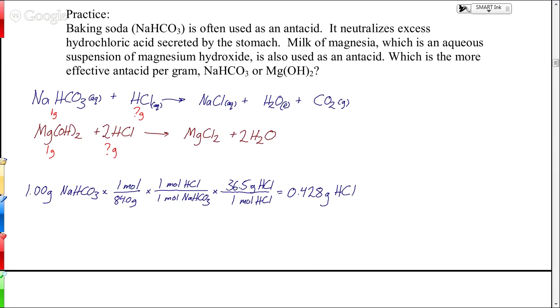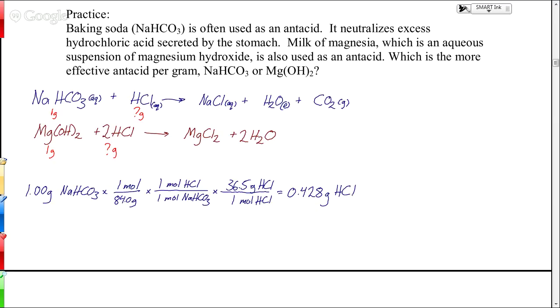Did you get something like that for the first one? Okay, so I found here, and hopefully you found the same thing, that 1 gram of sodium bicarbonate neutralizes 0.428 grams of HCl.